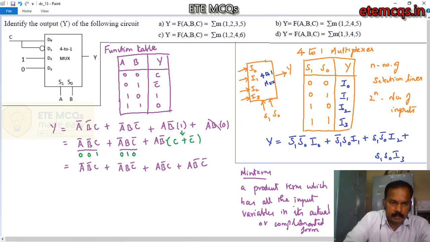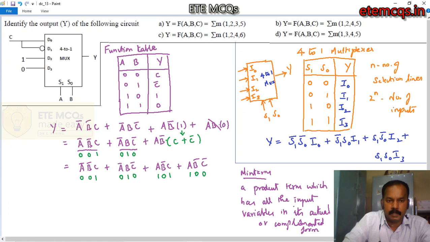The respective binary representation for these min terms is 0 0 1, here it is 0 1 0, A is 1, B is 0, C is 1, and A is 1, B is 0, C is 0.